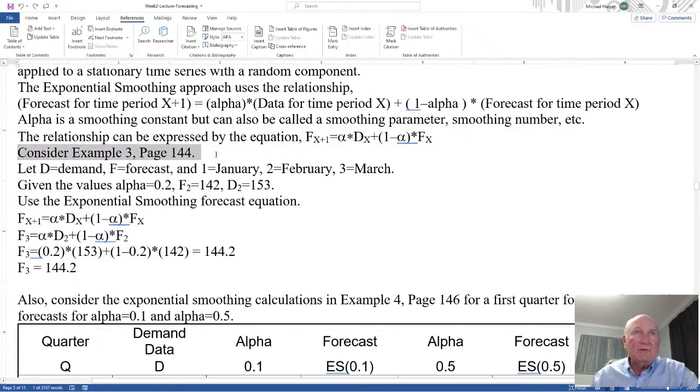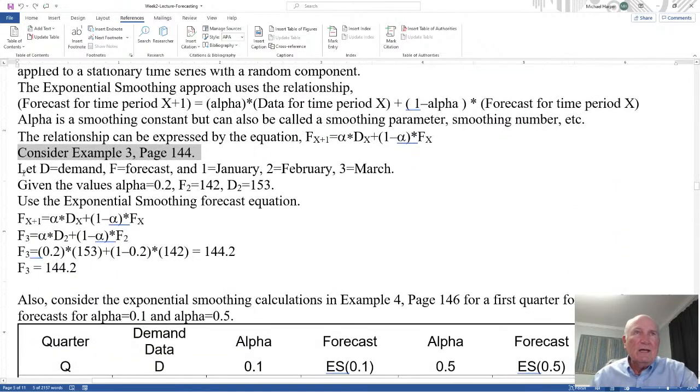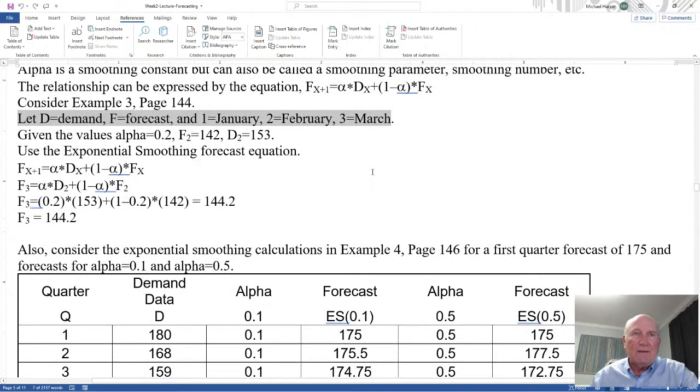Now consider example 3, page 144. Let D equal demand, F equal forecast, and 1 is January, 2 is February, 3 is March. Given alpha of 0.2, the forecast for time period 2, February, is 142, and the data for February is 153.